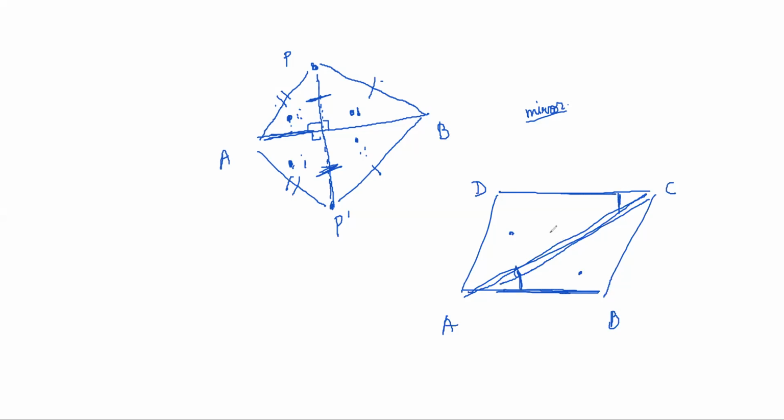Correct. And there is a common side, and opposite sides are also equal. So you are getting SAS again, no? This is a common side, this side is equal to this side, and alternate angles are equal. You're getting SAS. Oh wait, but we have to prove that this is equal.